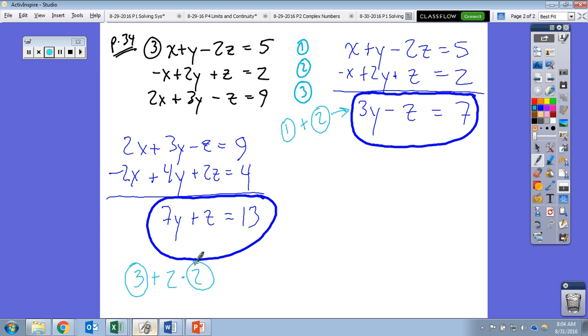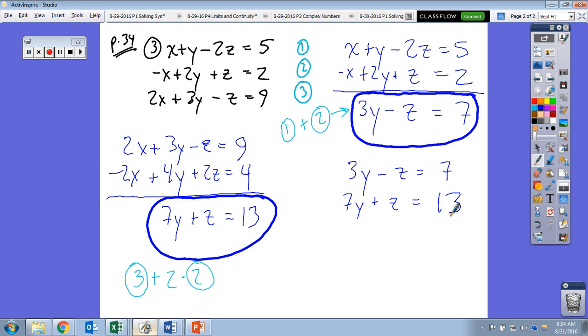Let's find a new slide, or I might shrink that. I think I might put it right here. So we have 3y minus z equals 7. Now this guy is 7y plus z equals 13.